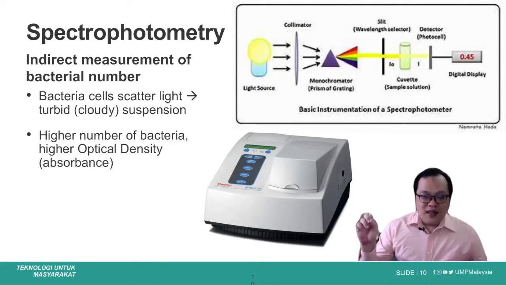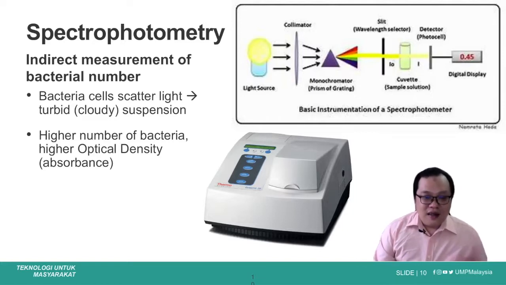This equipment shows the spectrophotometer that we have in the lab. It's a Thermo Scientific, model Genesys 20. When there are bacterial cells in the solution, they are going to scatter light, and we usually observe a turbid or cloudy suspension in the liquid culture.